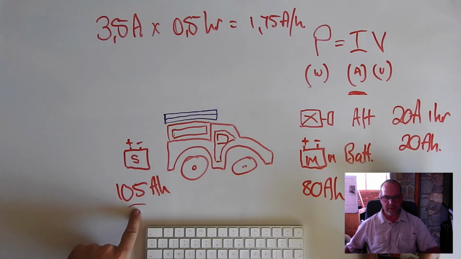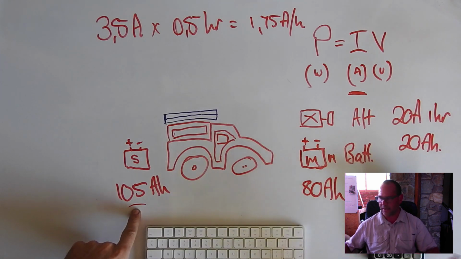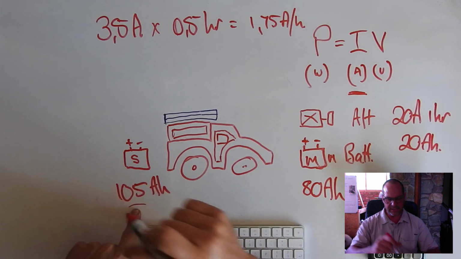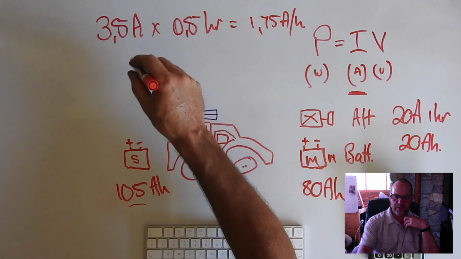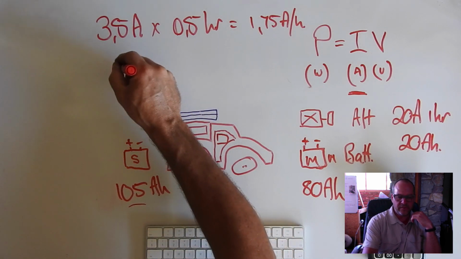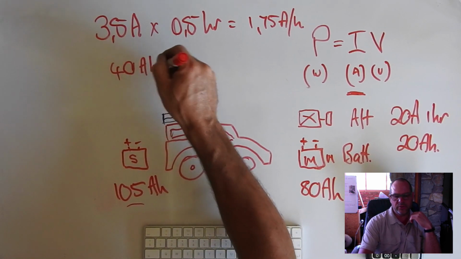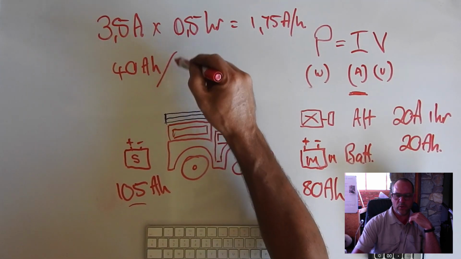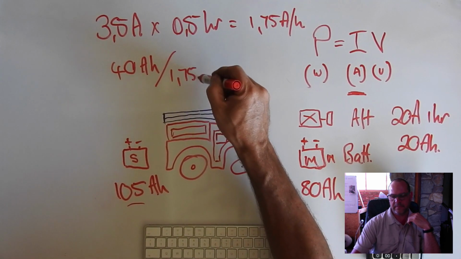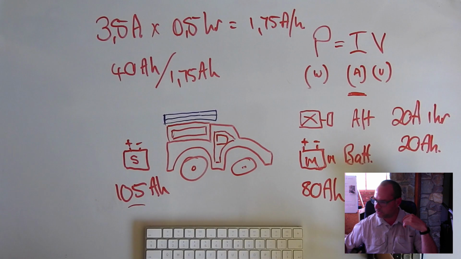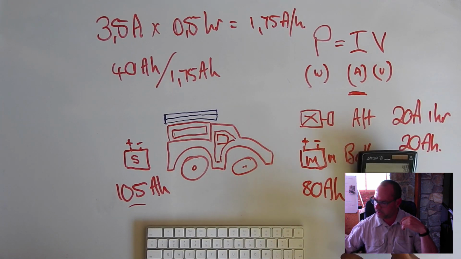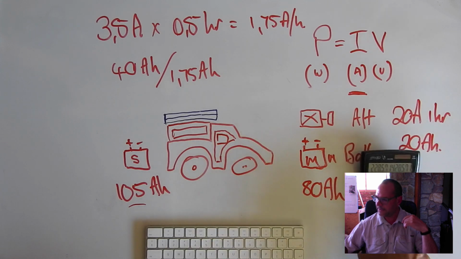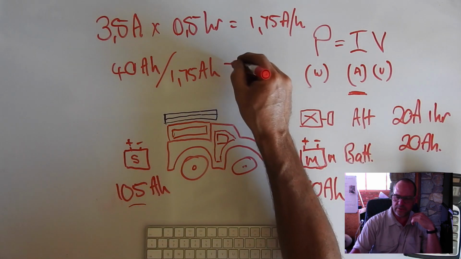Now if I take my 105 battery and I say I don't want to run it less than 60%, it gives me 40 amp hours roughly. So I have 40 amp hours to work with at 1.75, which my fridge will draw, and that will give 40 divided by 1.75 is 22.8 hours.